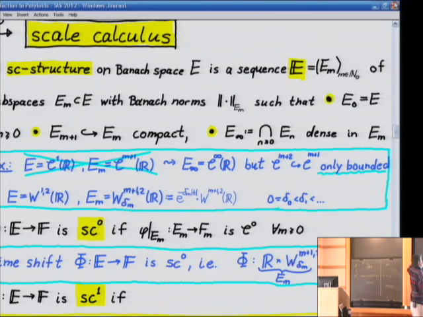So not quite an example is the C^m spaces on the real line inside C1. E infinity is going to be the smooth ones, which is nice and dense, but all these inclusions are only bounded operators because you're on the non-compact real line. If you did this on S1, that would be a first example of a scale structure.